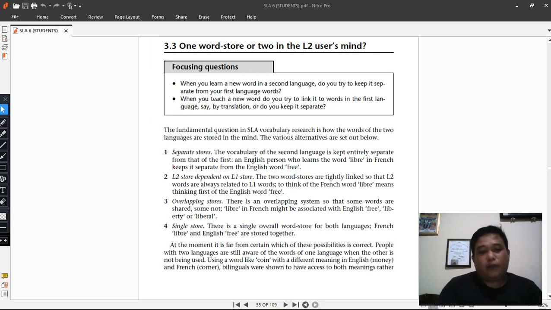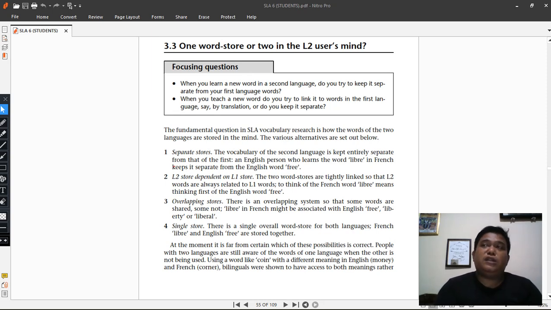That is when you do the overlapping stores. While with the single store, you have plenty of knowledge about the meaning and the way to use the words. However, sometimes you still combine Indonesian, the first language, and the second language in your speaking because you do the single store.